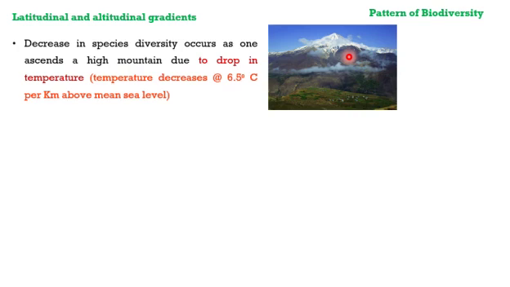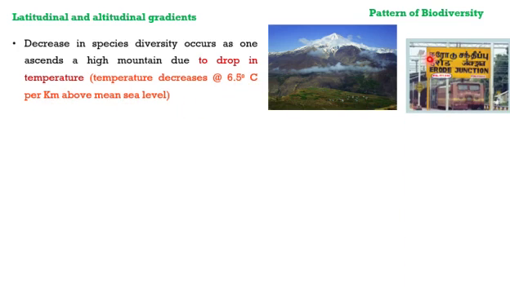That is because of the drop in temperature. Temperature decreases at 6.5 degrees Celsius per kilometer above mean sea level. You must have seen that at every railway junction they write the mean sea level. I told you what mean sea level is, right?